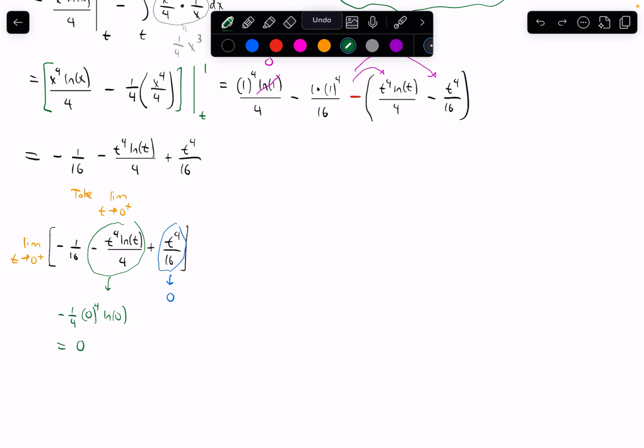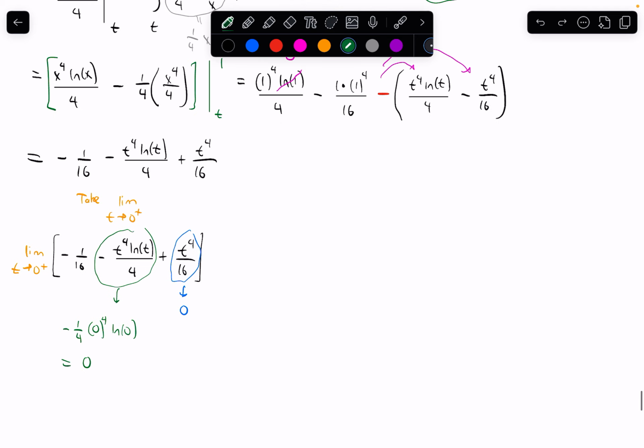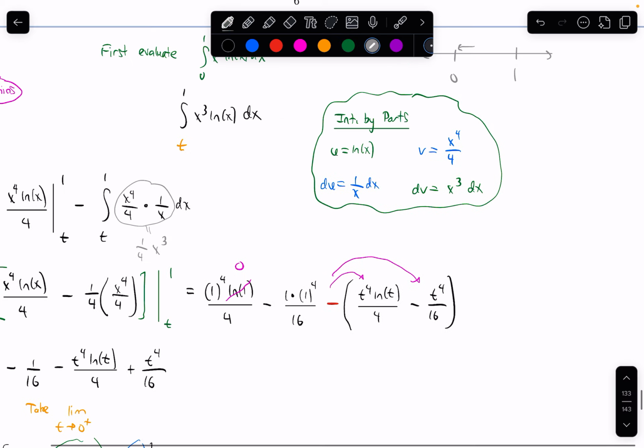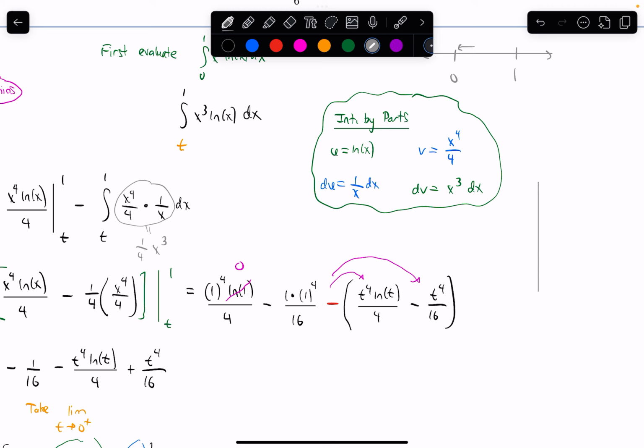And then ln of 0, well, ln of 0 is technically undefined, so let's be a little careful with that. t is actually approaching 0 from the right. So the number that I plug in for t is actually 0 with a little plus sign. It's actually a little bigger than 0. And if you think about the graph of ln, let me do that here on the side.